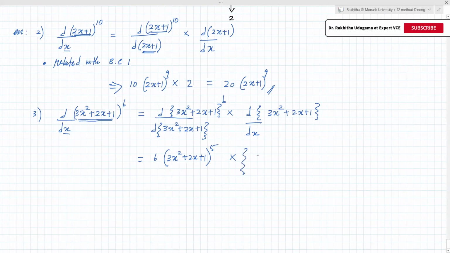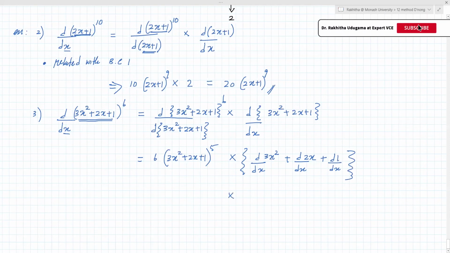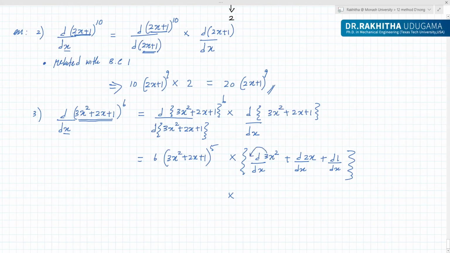You can split it. See, d/dx of 3x squared plus d/dx of 2x plus d/dx of 1. This is directly the first base case. You can take 3 out, then d/dx of x squared, directly the first base case.